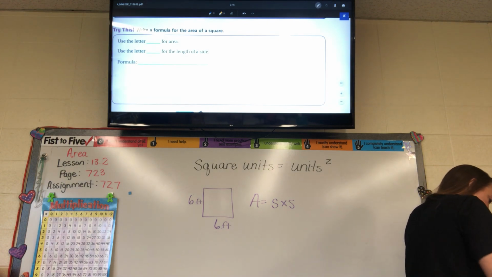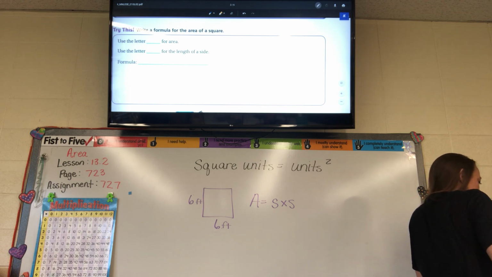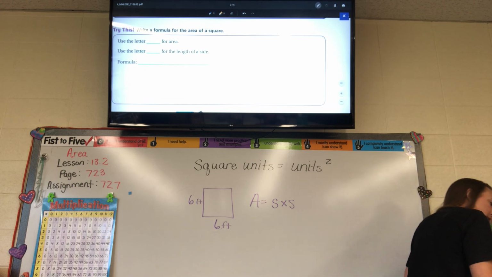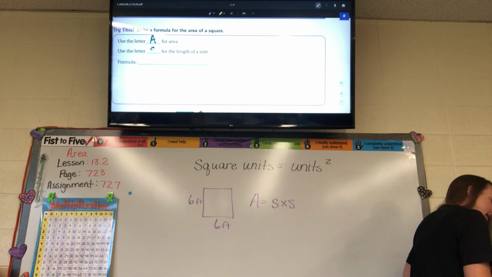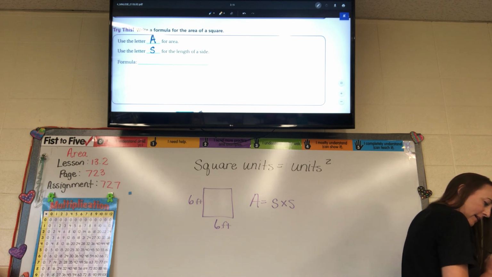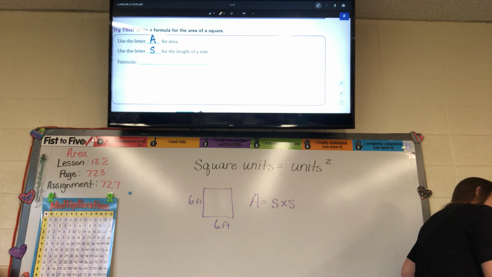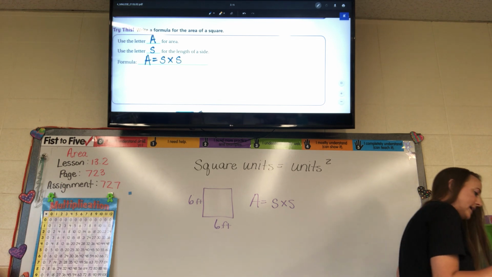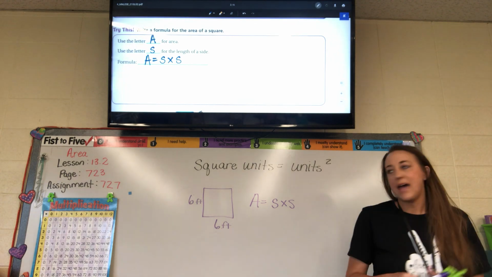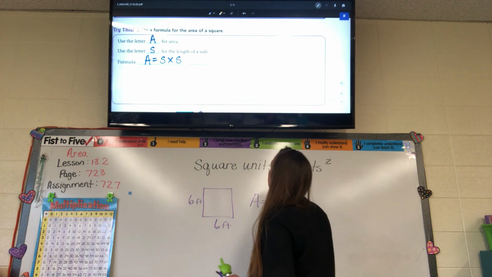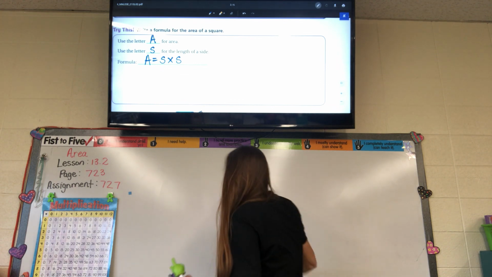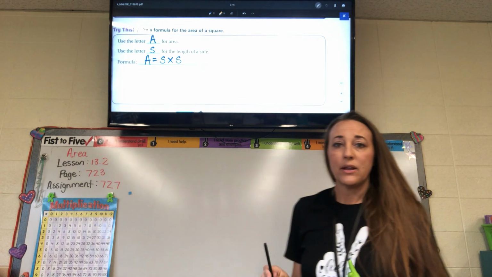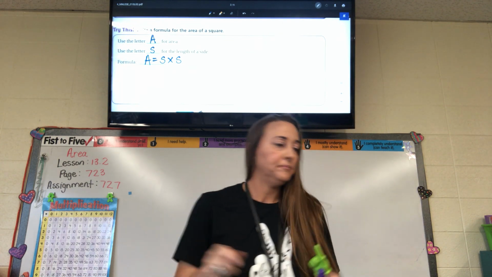For the area, we're going to use A. For the length of a side, we'll put S. So area equals side times side. That is our formula for a square. The area of a square equals a side times a side. Okay.